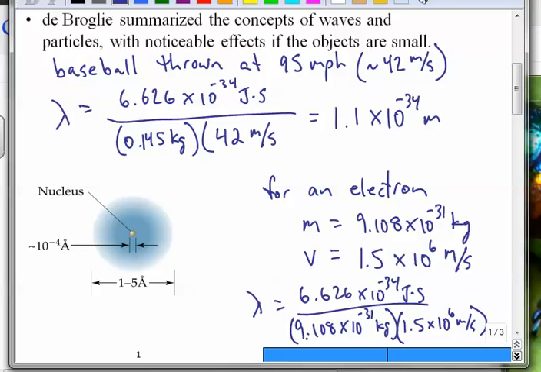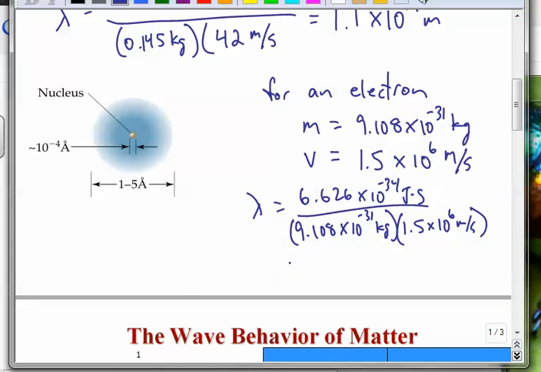Okay. Now when we calculate the wavelength of this electron, we are dealing with wavelengths on the order of 4.8 times 10 to the minus 10 meters. So we find that the wavelength for an electron traveling at a relatively high speed is about 4.8 angstroms, or 4.8 times 10 to the minus 10 meters.